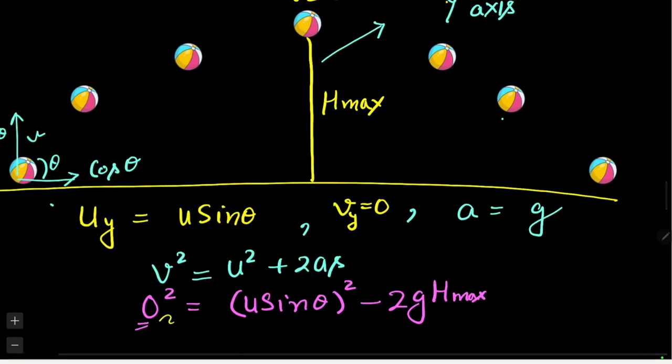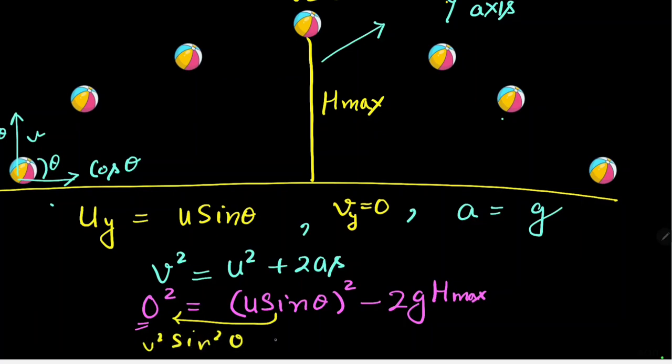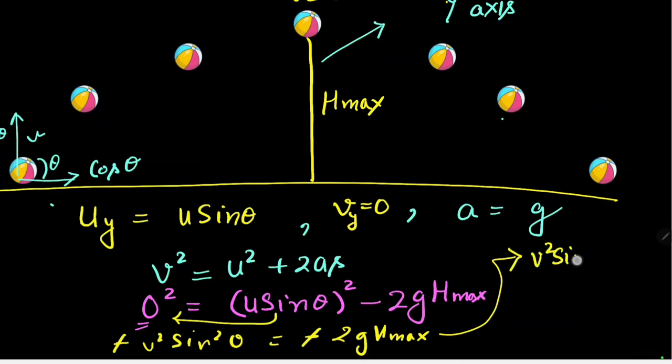If I use algebra and send this to the other side, I get u square sine square theta equals negative 2g h max. I can cancel out the negative signs, and then I get u square sine square theta equal to 2g h max.